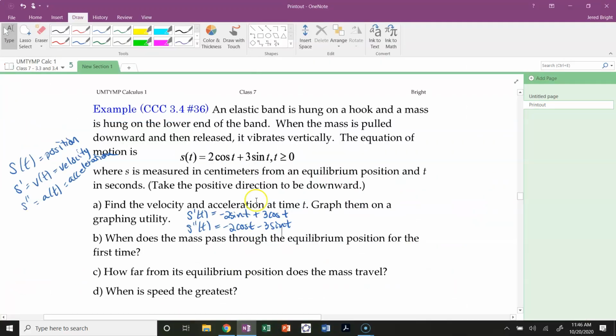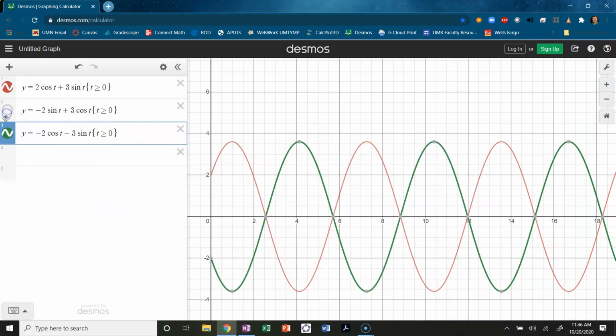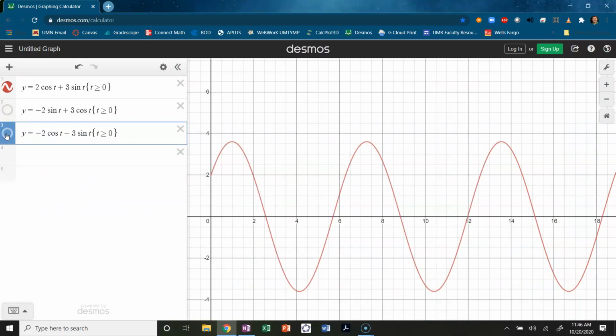Alright, from here we have some questions. When does the mass pass through the equilibrium position for the first time? I'm just going to hide these last two. That has to do with the position function. When s of t is 0, that would mean it's at equilibrium position, and it looks, at least graphically, like about 2.554 seconds.